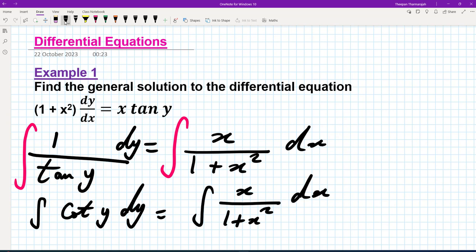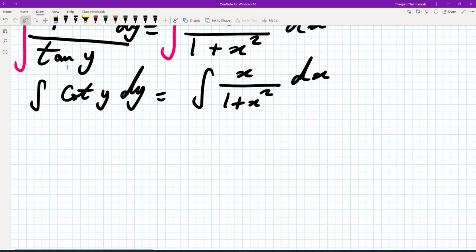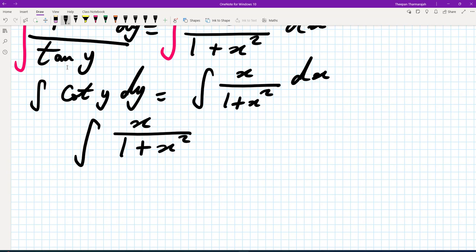I'm going to start off with the right hand side, which is the integral of x over 1 plus x squared, because you should have already done this in regular A-level in integration by substitution. Why is it integration by substitution? You've got a function 1 plus x squared and its corresponding derivative in the same function. Therefore, we must use integration by substitution.